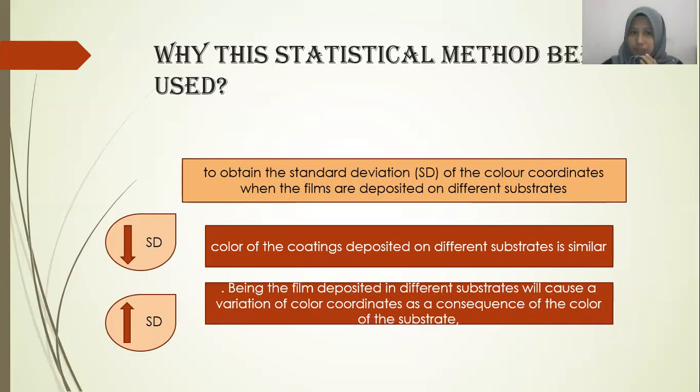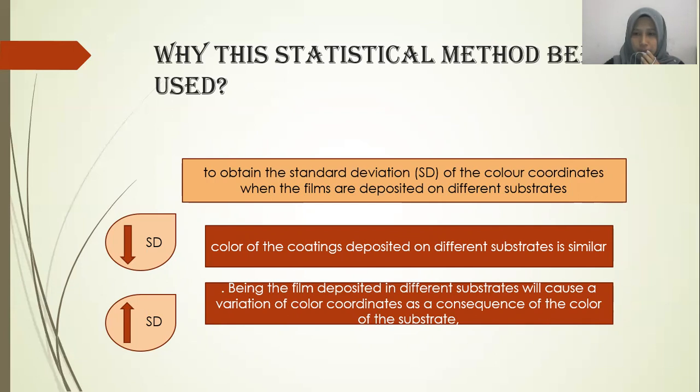So, the main question is why this statistical method is being used by the researcher. It is mainly to obtain the standard deviation of the color coordinates of the three substrates stated just now, when the films are deposited on different substrates.